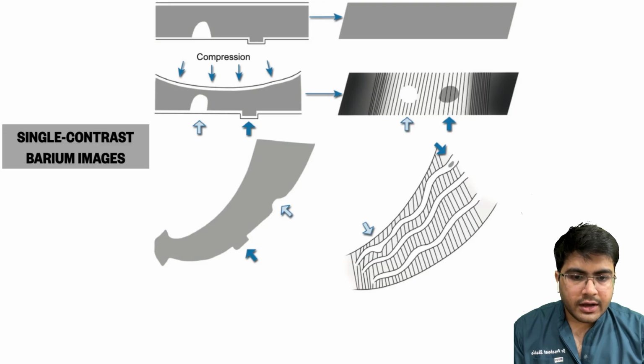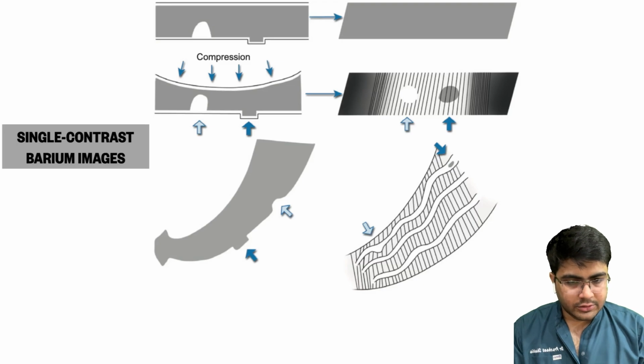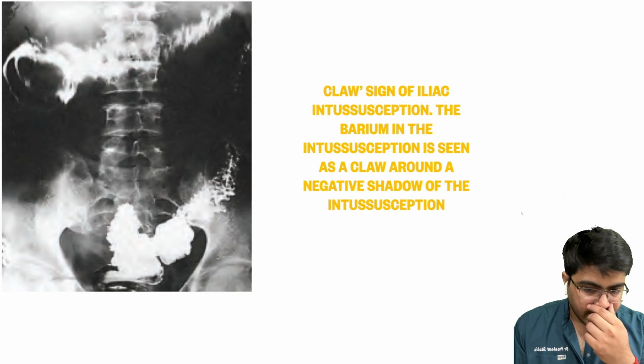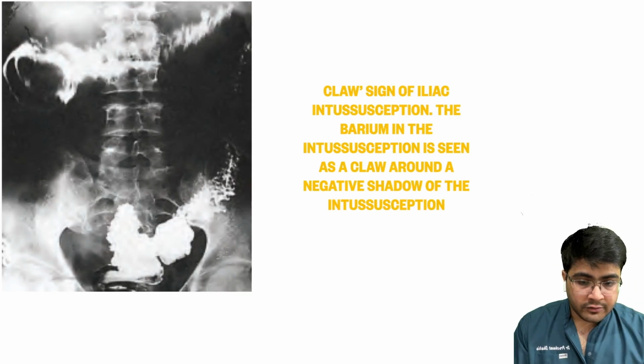So after we are using abdominal compression, we are able to depict any filling defect or protrusions in the bowel lumen, and that can be seen on the barium images. So the effect of compression is very important for the single contrast barium images.